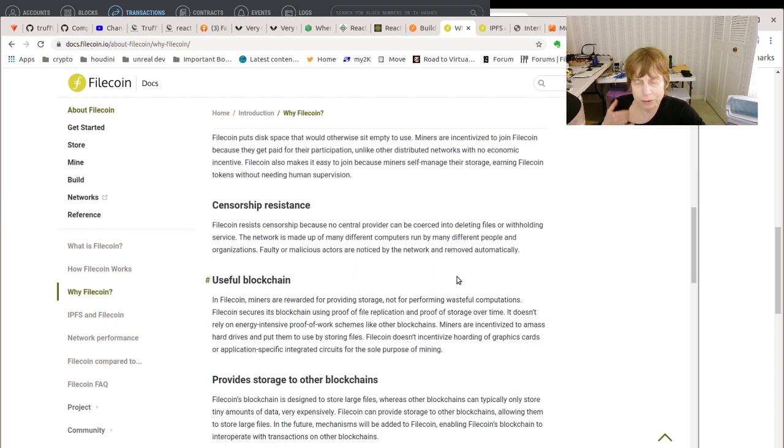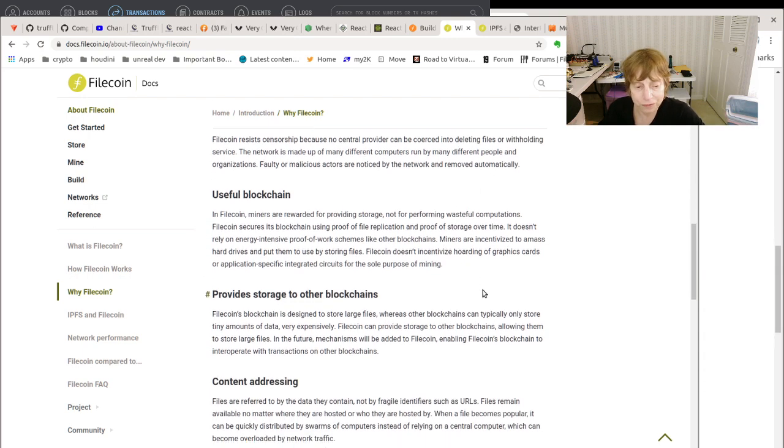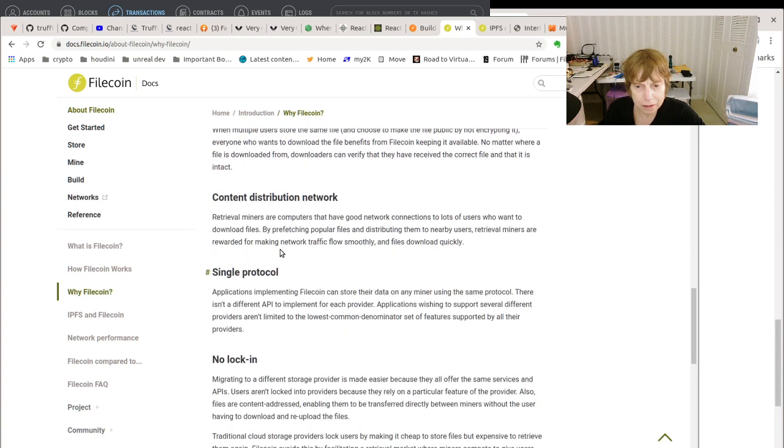Because remember, these contracts, these deals are for a period of time. They're not infinite. So it also allows you to retrieve the data.